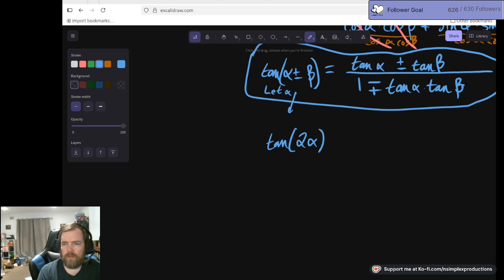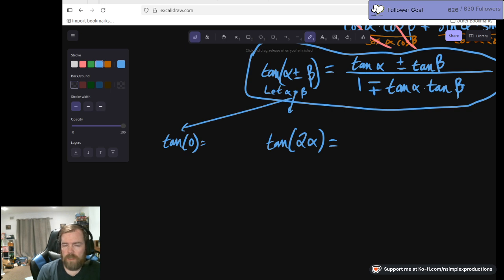Right, let alpha equal beta, and either we get the tangent of 0, which we can just double check, or we get the tangent of 2 alpha, which now we can come up with a new formula.